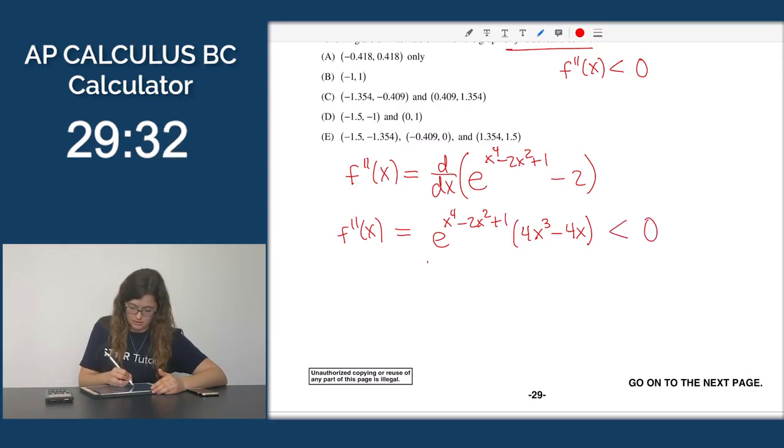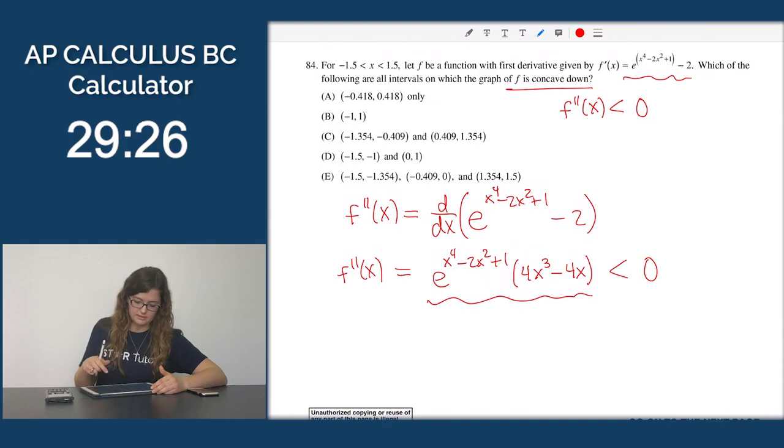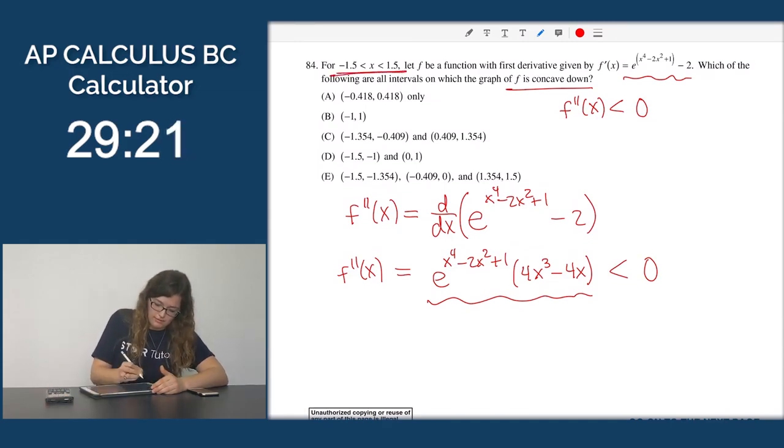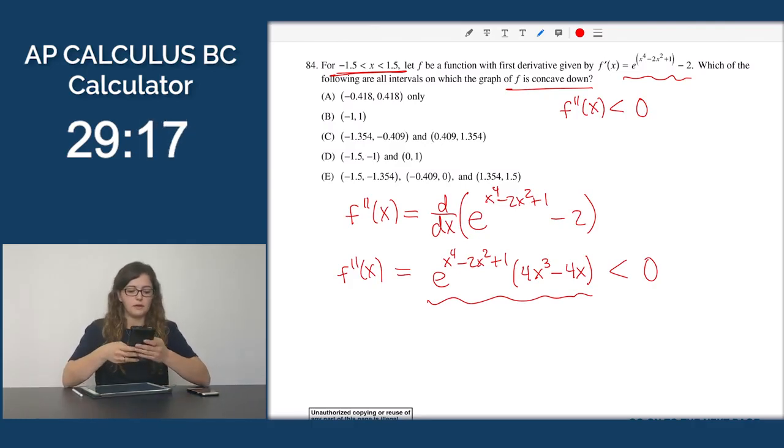So I'm going to plug this function in exactly like this into my calculator and then try and find where it's below the x-axis, between negative 1.5 and 1.5. That's also important. So, okay, go to my calculator, go to my function, I want to graph different functions.